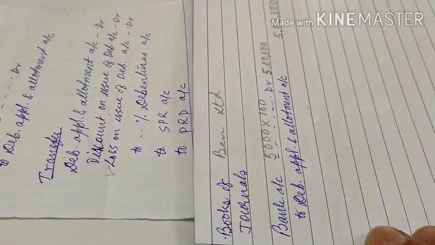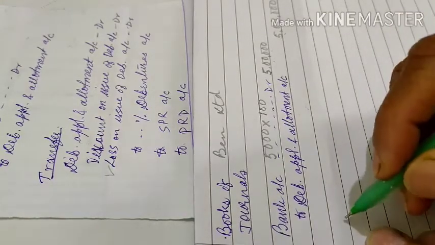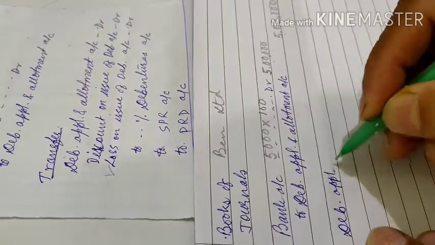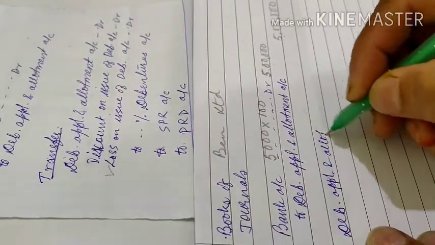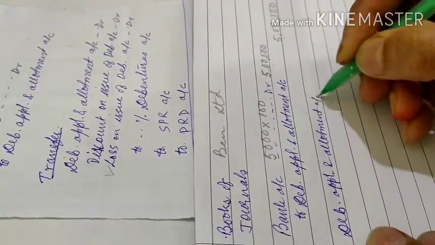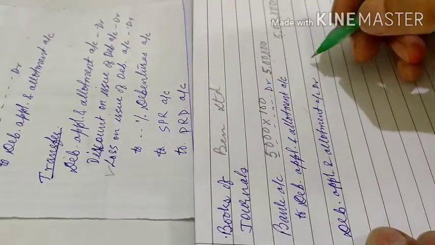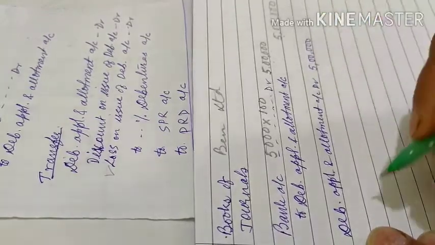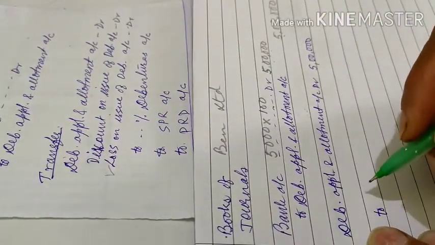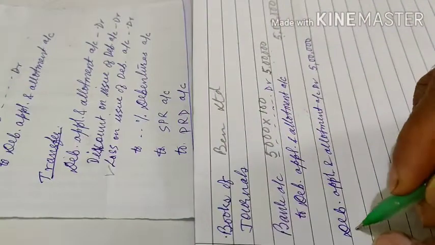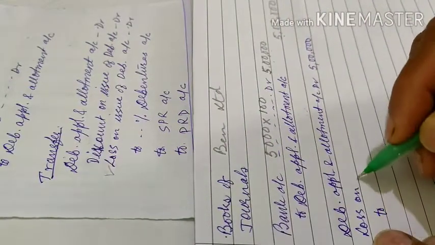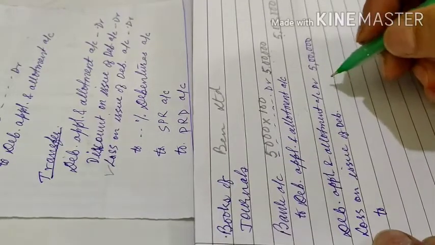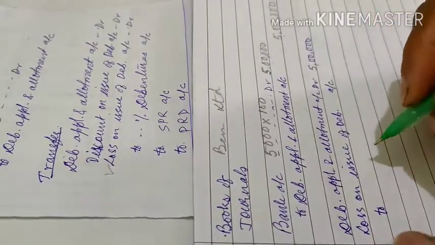So the transfer entry will be: debenture application and allotment account debit. This will have the same amount, 5 lakhs, to, and since there is a loss, let's write loss also: loss on issue of debenture account.